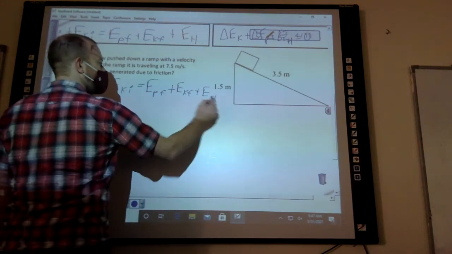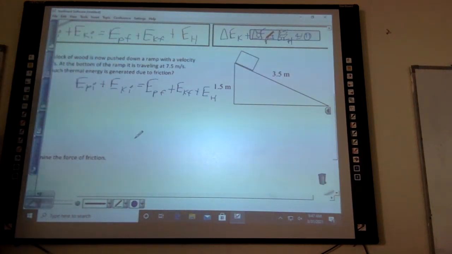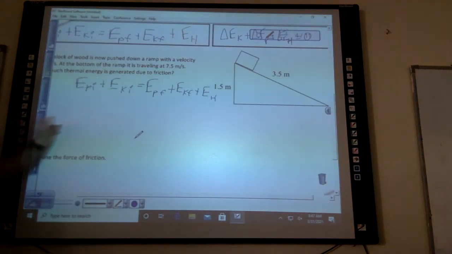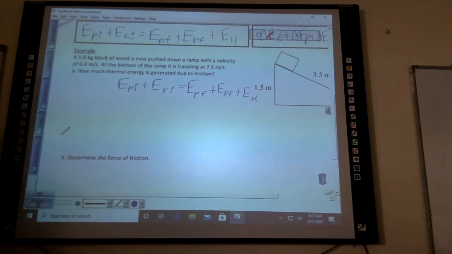So always put heat in there, I would suggest that for your questions. Even if you know there's no heat, you can just cancel it out like we've canceled out the other stuff. But it's good to have it because people often forget that there is heat loss. So in this case, what can I cancel out?